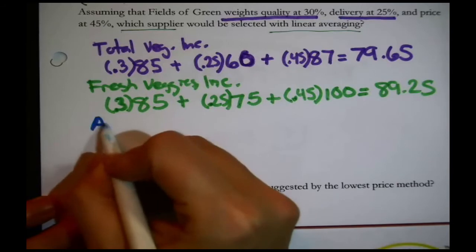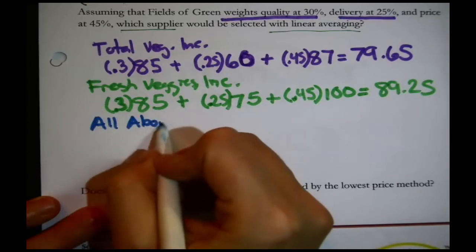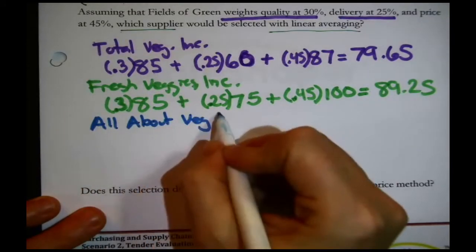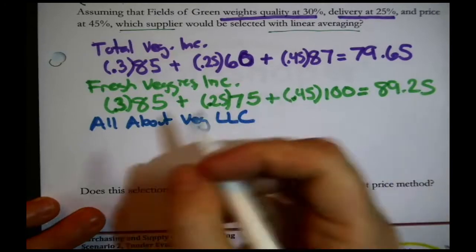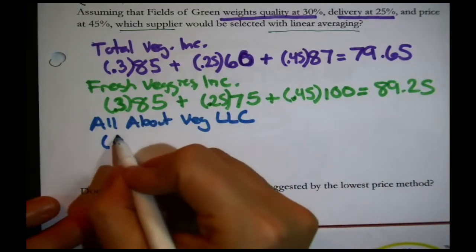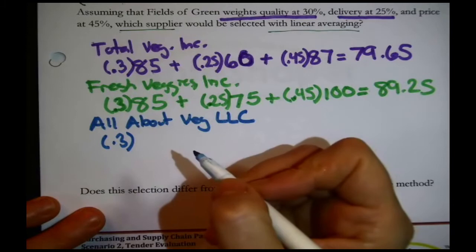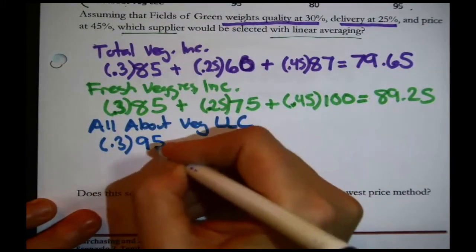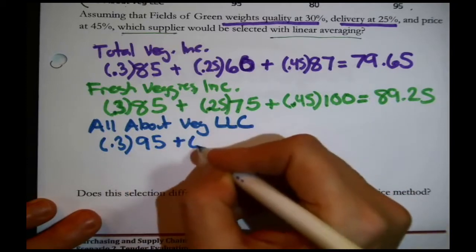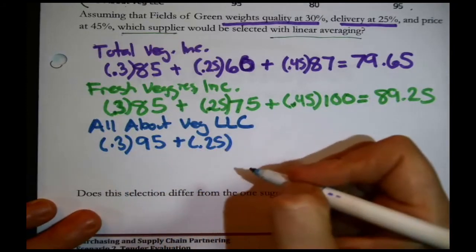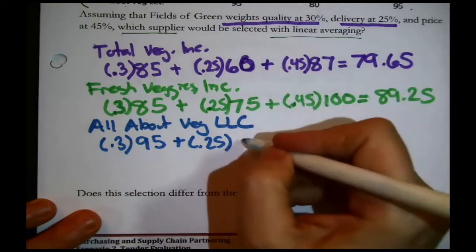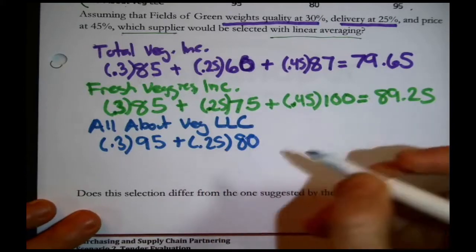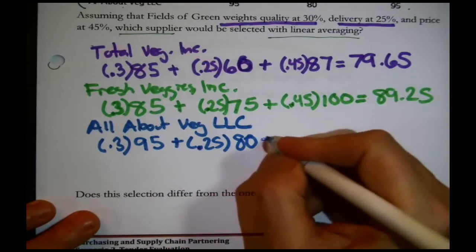There's also All About Veg Limited Liability Corporation. Okay, well, 30% times their score on quality. Ooh, we were impressed with their quality. We gave them a score of 95. 25% for their score on delivery. Ooh, and apparently we think they have the best terms on delivery too.